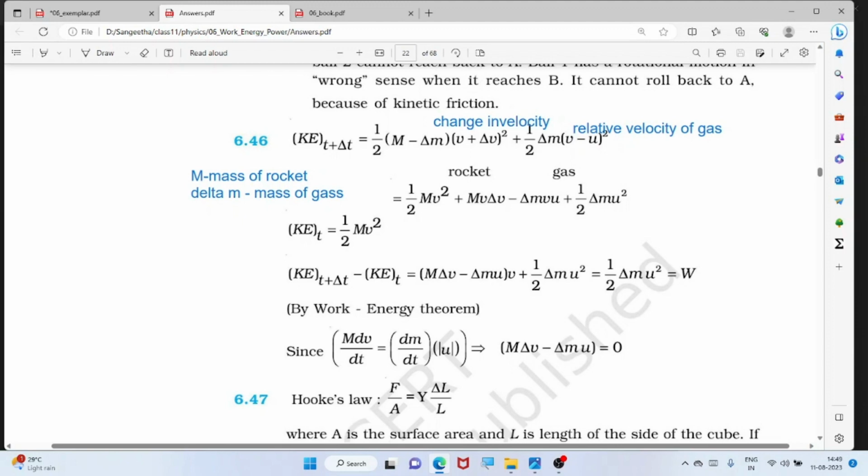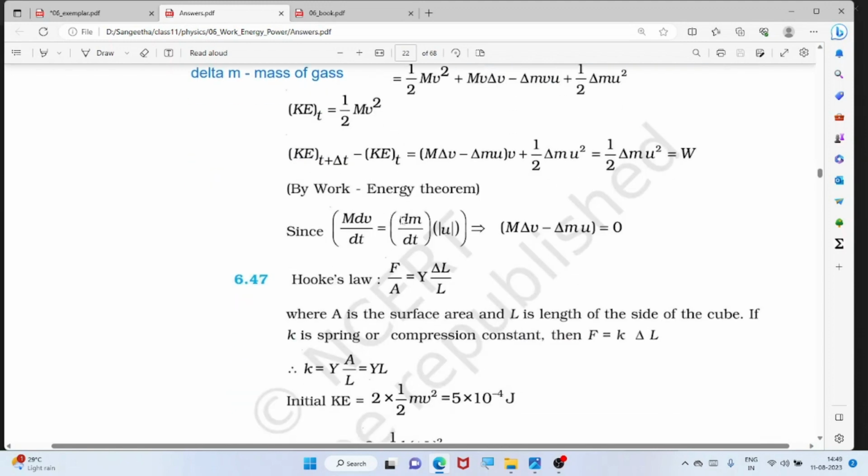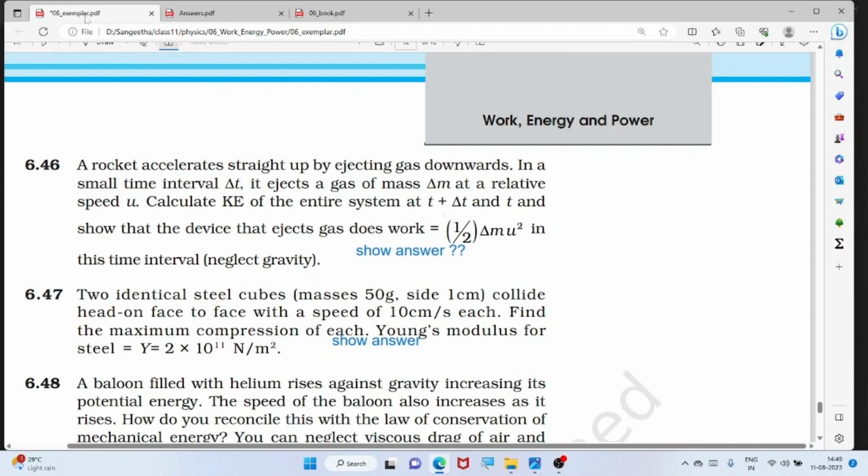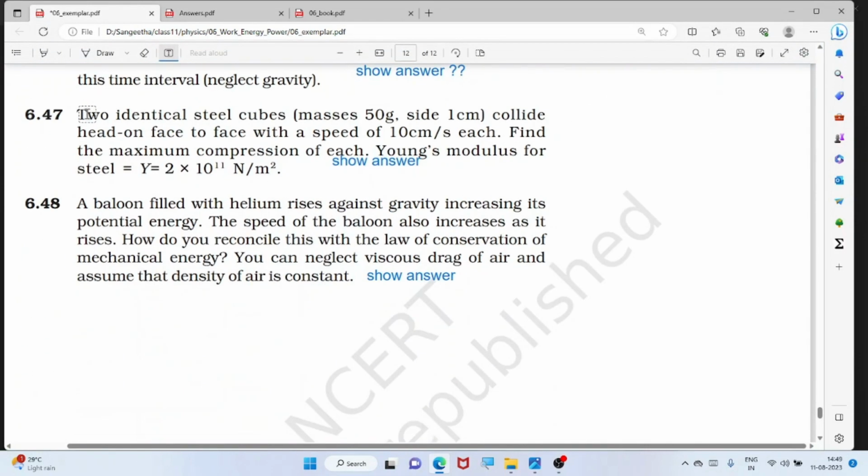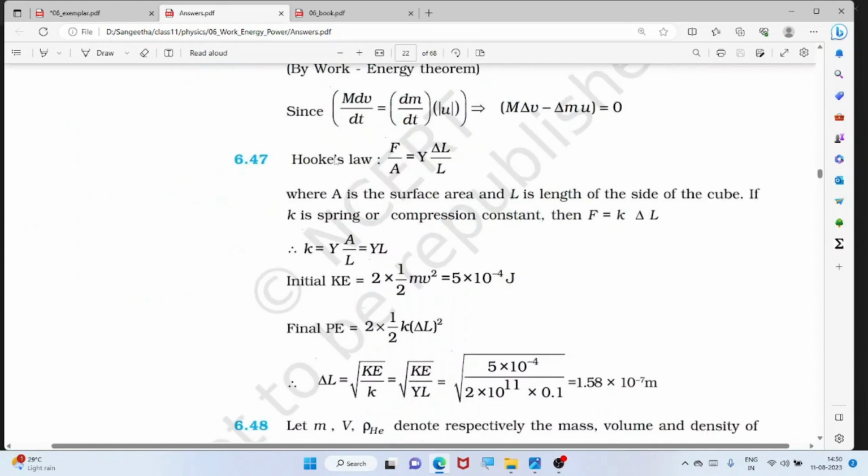Mass of the rocket is capital M, and mass of the gas is small delta m. After that you will get this. Question 47, two identical steel masses on Young's modulus. We can go through this.